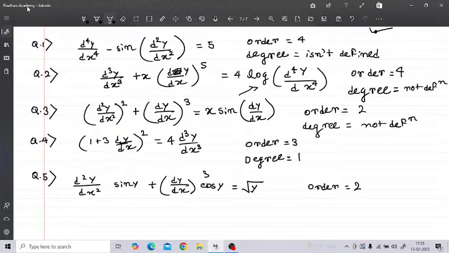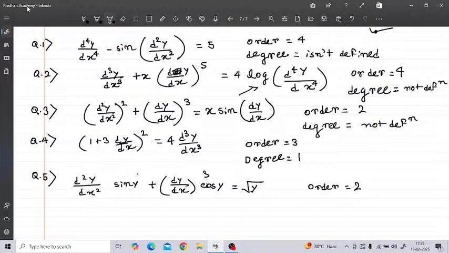Now you can say that it involves trigonometric functions of sine and cos, so degree is not defined, but here the trigonometric function is of the dependent variable.